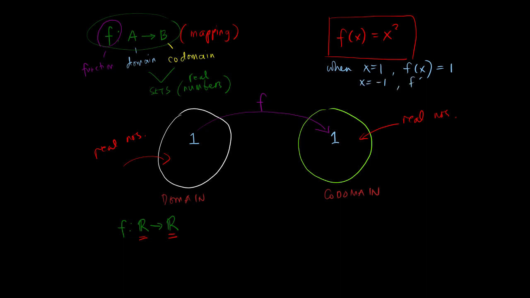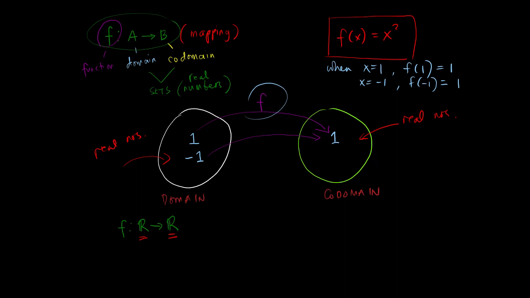Now when x is negative 1, f of negative 1 is equal to 1 also. So when x is negative 1, the value of the function f is also positive 1. So it goes to that number again.